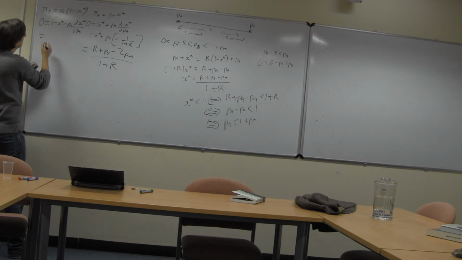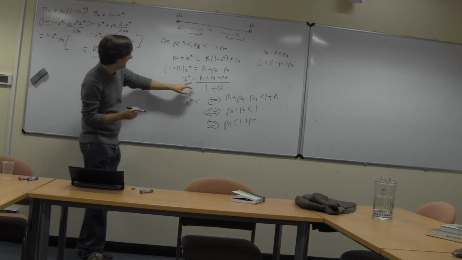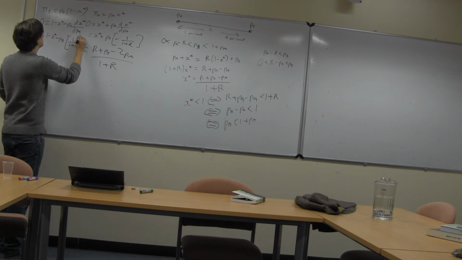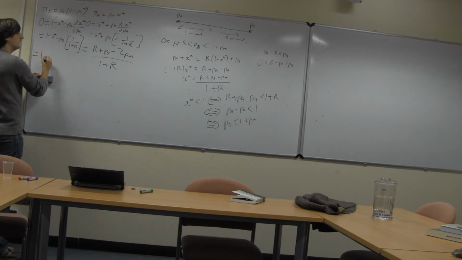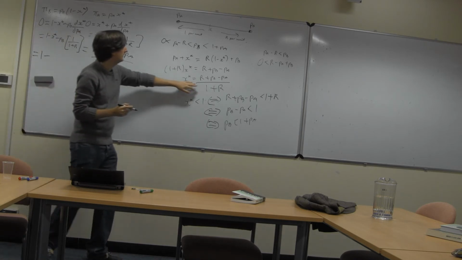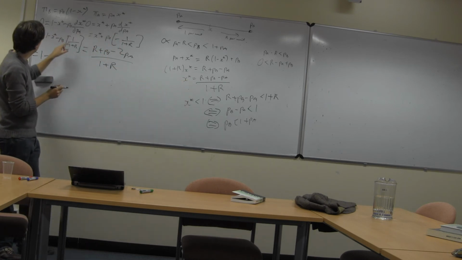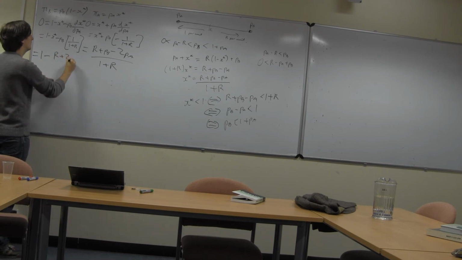Okay, which is 1 minus X star minus PB times, so derivative of X star with respect to PB is 1 over 1 plus R. So we have 1 minus X star, so minus all of this, and then also minus another PB over 1 plus R. So this is just going to be 1 minus R plus 2 PB minus PA over 1 plus R.